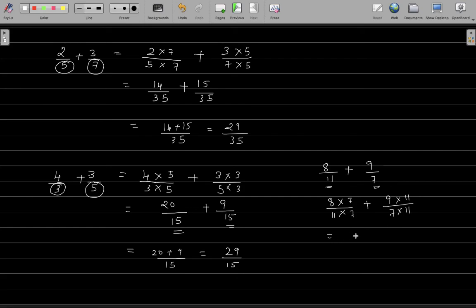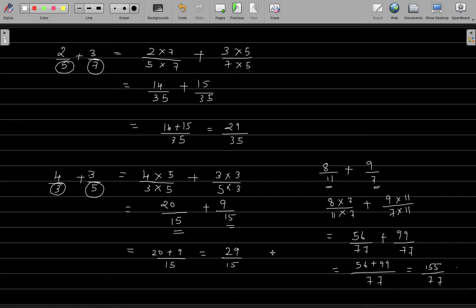What is 8 times 7? Which is 56. By 11 times 7 is 77. 9 times 11 is 99 and this is 77. Now because they are like fractions, we keep 77 as it is and we add only the numerators, which will give you 155 upon 77.